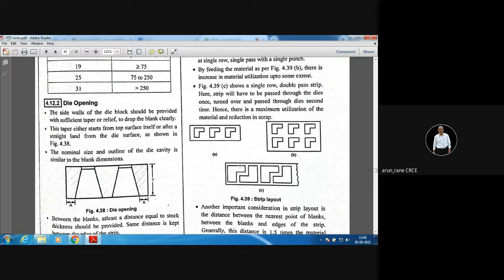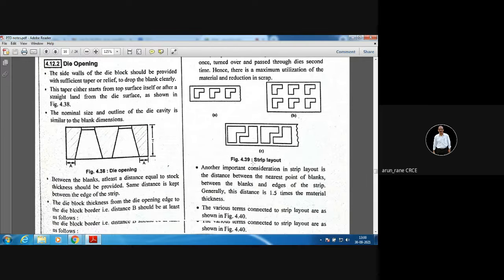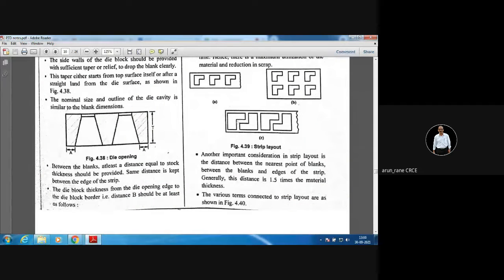So this is what will give you the utilization of the strip, and you have to find out the options in such a way that the strip utilization is 70% at least. That means 30% is waste, and you have to select that option. Is this clear? This strip layout. Now here, this is another option, and obviously in this layout, your utilization is going to be more than this.